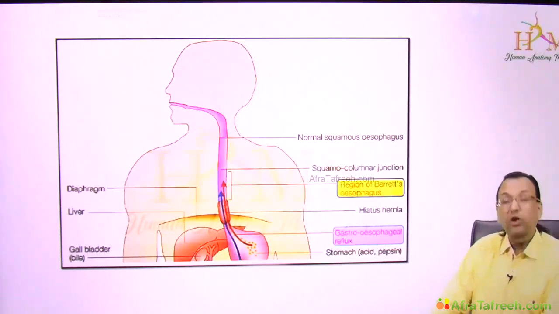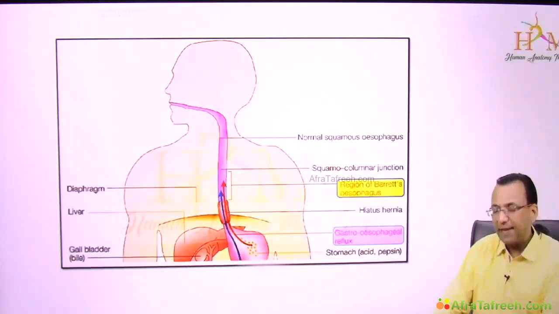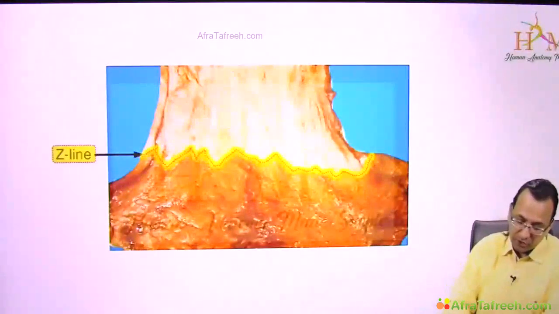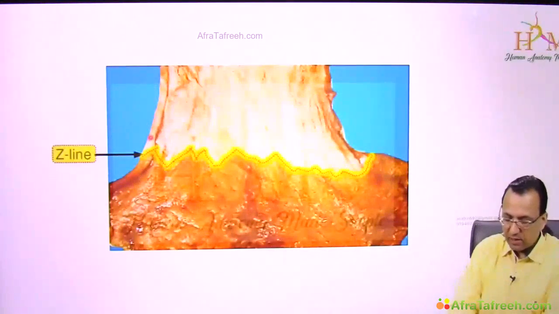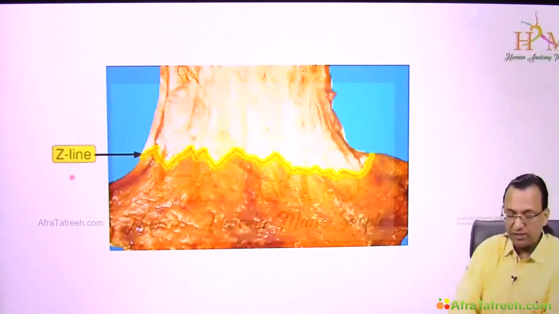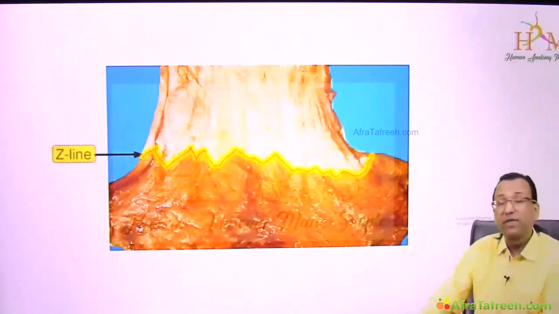Now, if you are talking about Barrett's esophagus, I want to make a diagram for that. And let's do that. But you see, normally there is a squamo-columnar junction in the esophagus which is called Z line. What is Z line? It is a zigzag line. And where do you see the zigzag line? At the lower end of the esophagus.